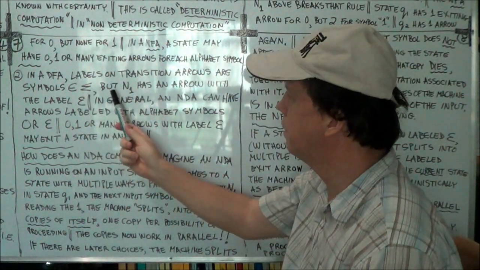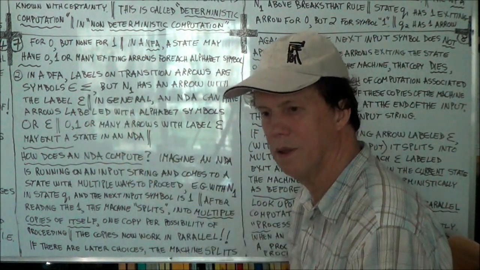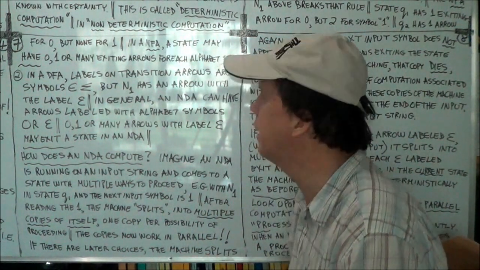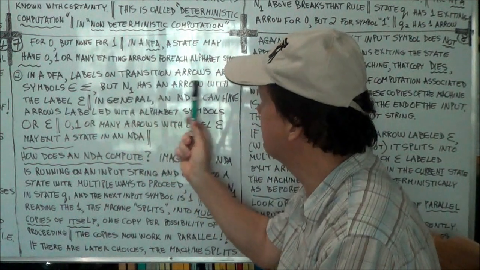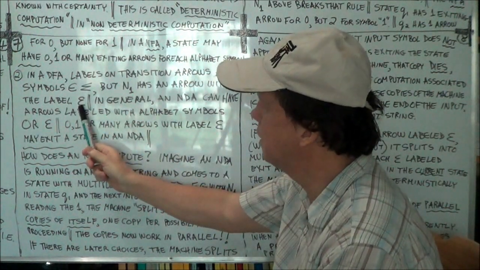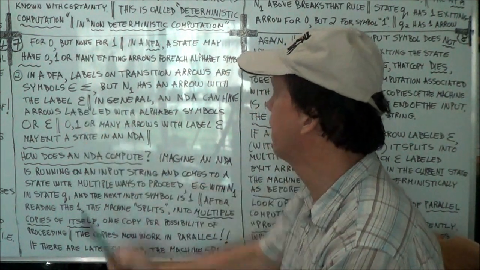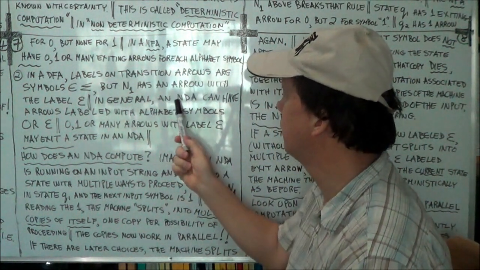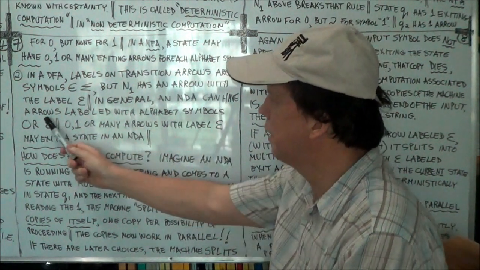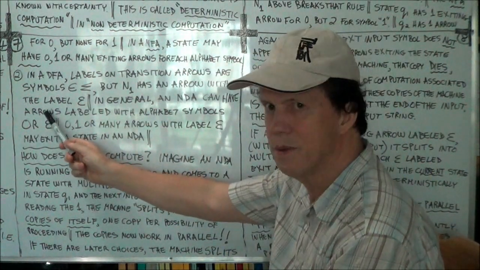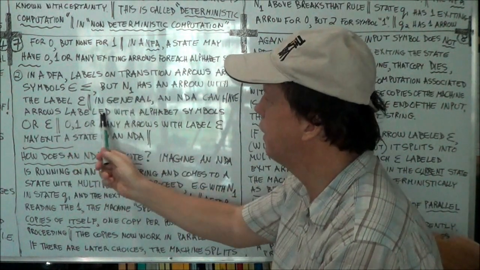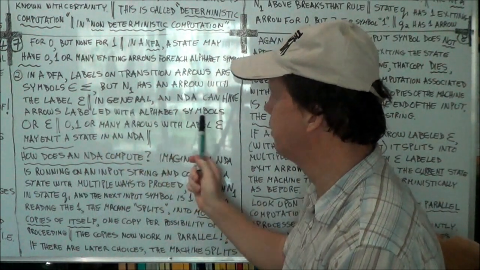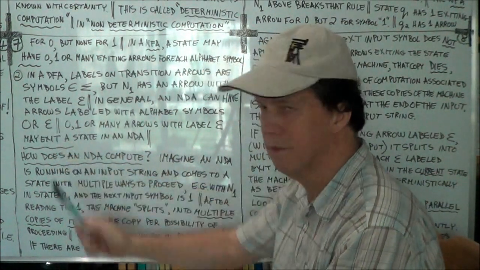Okay? But in a non-deterministic finite automaton, an NFA, your exit arrows could be labelled with eta. Okay? Now, that means with an NFA, your transition arrows can be labelled either with symbols of the alphabet, or with eta.